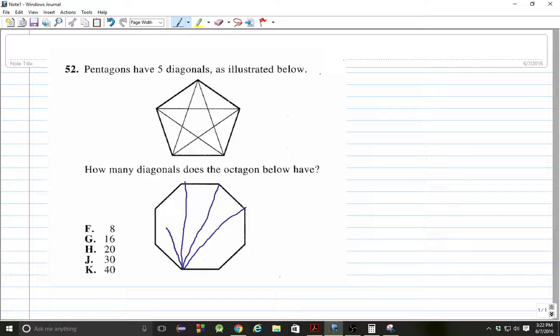Like in this case, I have 5 diagonals for this one angle. So one angle has 5 diagonals. 5 times 8 is 40. So I believe that the answer is K, 40 diagonals.